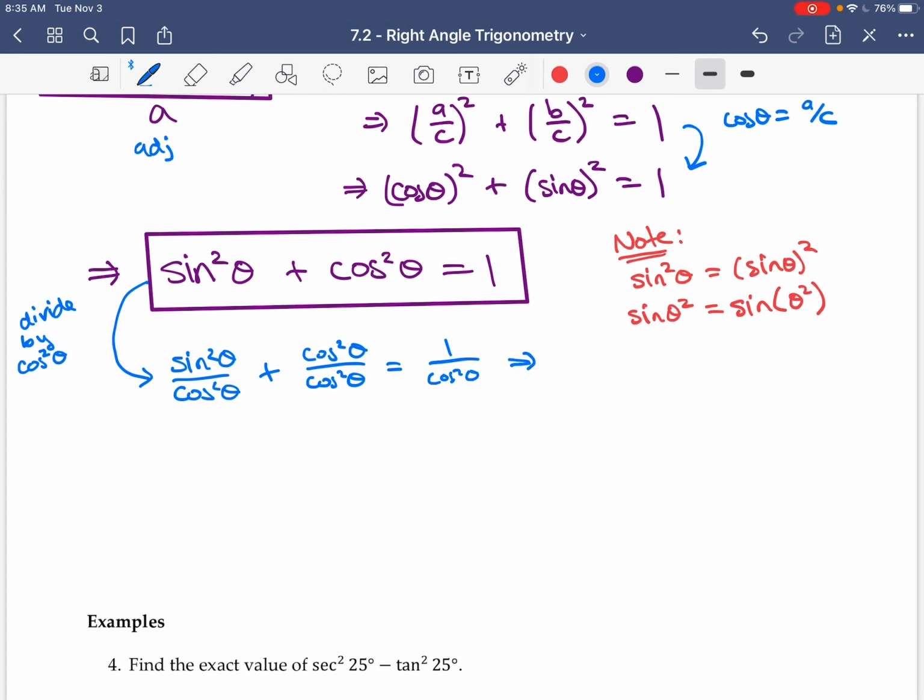Okay, so what that is, this is tan squared theta plus 1 is equal to secant squared theta. So that is another identity.